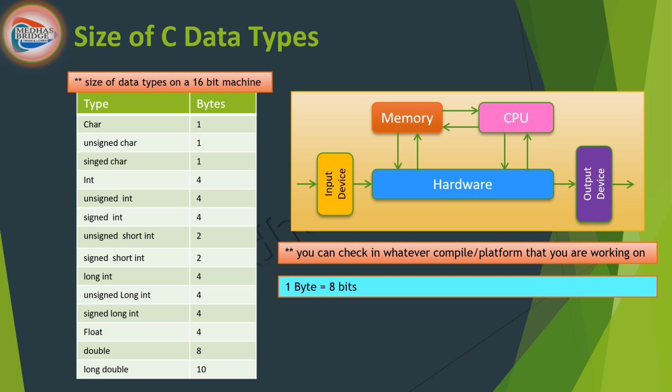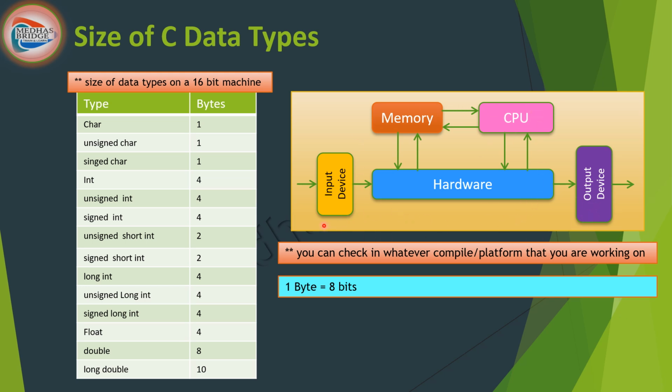If you have already gone through computer architecture basic fundamentals, then you would know that all these concepts must be easy. Otherwise, here is just a recap of what the architecture of a computer typically looks like. We have hardware, and then memory, CPU, input device and output device all connected to it.